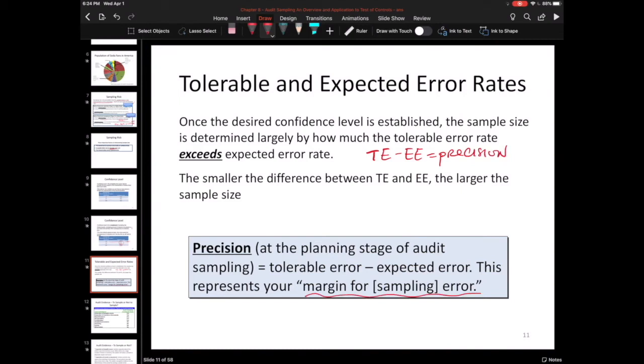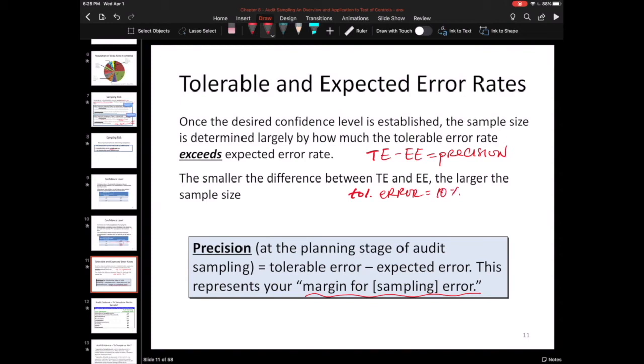Your book actually has a good discussion on it. It has this whole scenario laid out where you're an apple inspector, and it basically says, all right, let's imagine that you're this apple inspector and they're okay with like 10% of the apples being bad, meaning the tolerable error rate in this scenario is 10%, right?